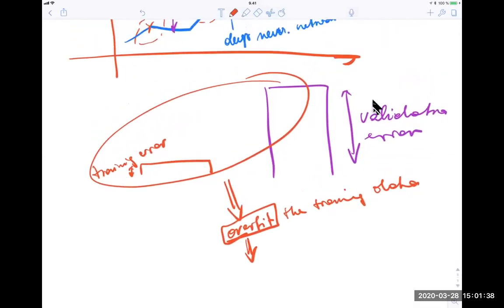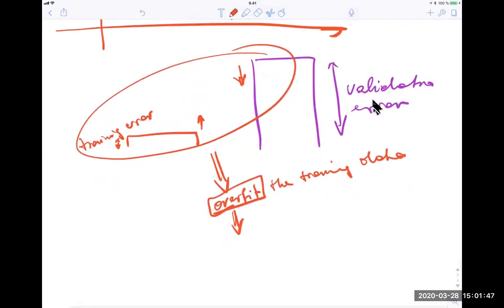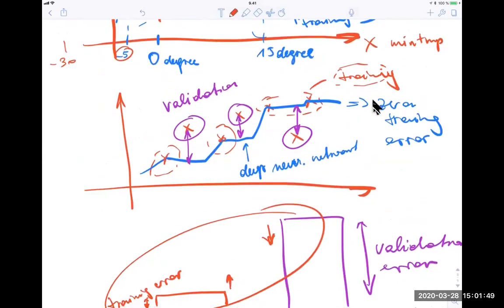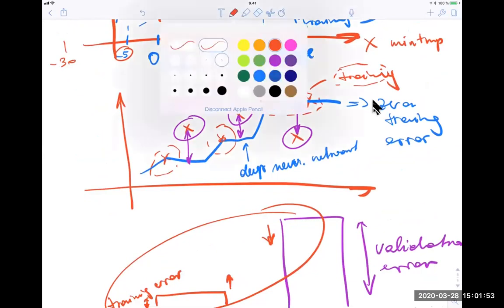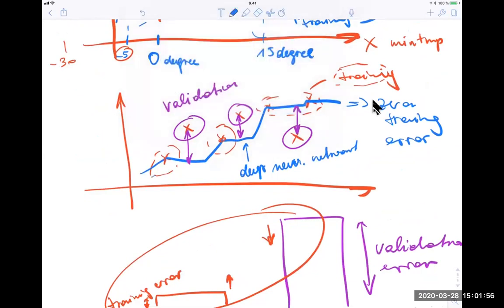How can we bring this validation error down, so to say, even if we need to sacrifice a bit more training error? Well, one reason for overfitting could be that the hypothesis space is too large. There are simply so many crazy nonlinear functions in this hypothesis space which perfectly fit any training data.